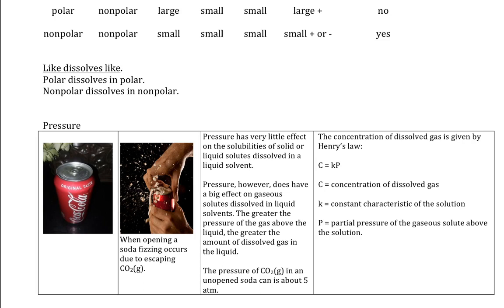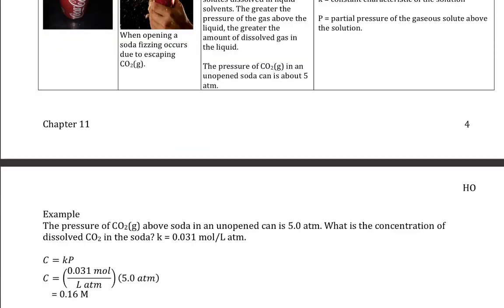The concentration of dissolved gas in the liquid is given by Henry's law, which is the concentration C of the dissolved gas is equal to K, a constant that is characteristic of the solution, times P, where P is the partial pressure of the gaseous solute above the liquid. Here's an example.